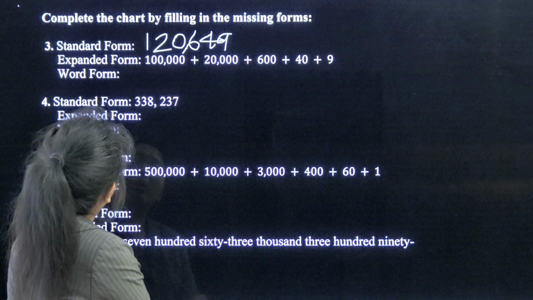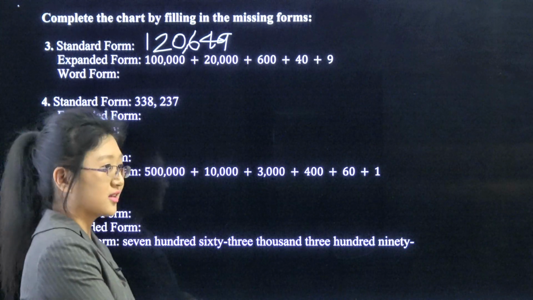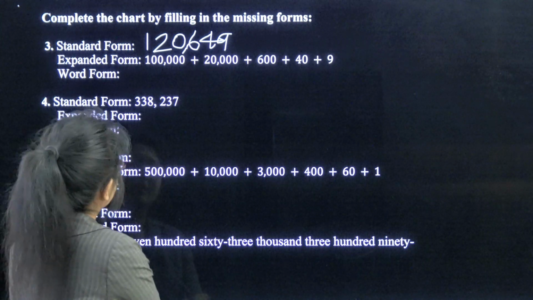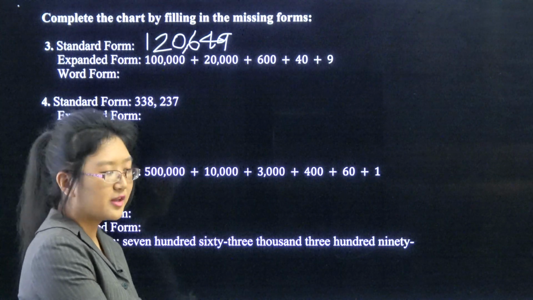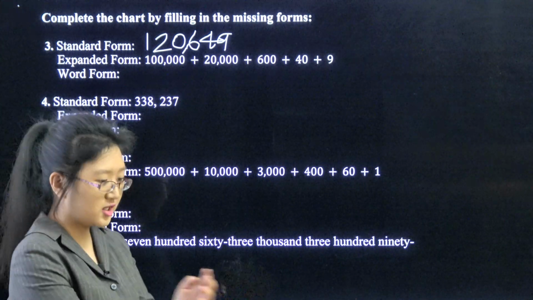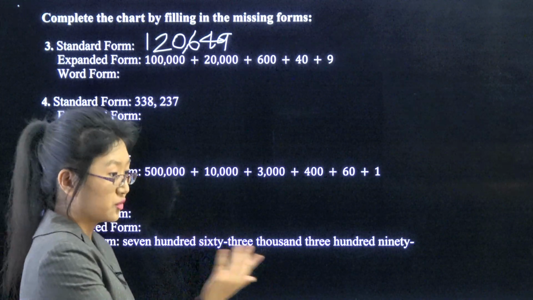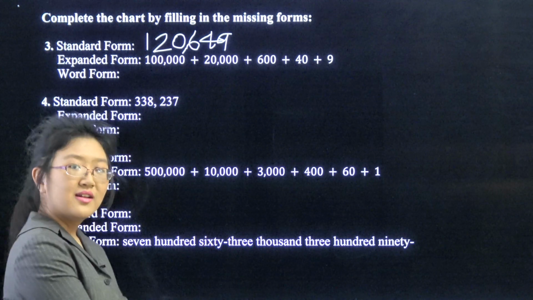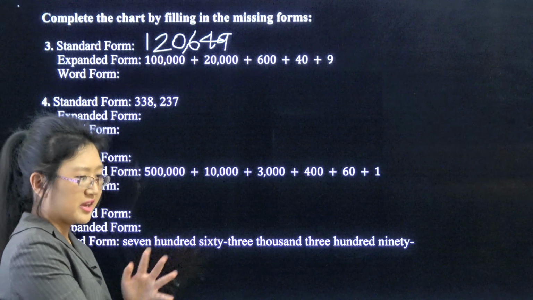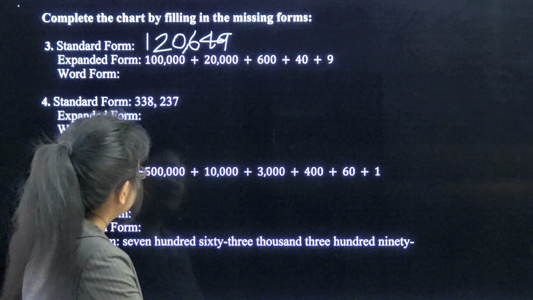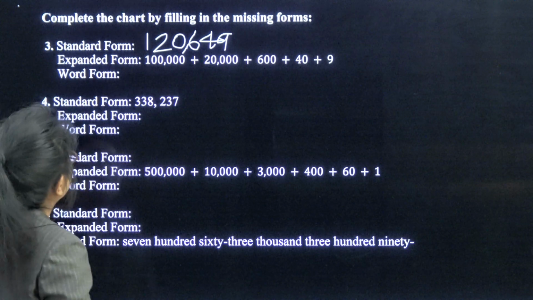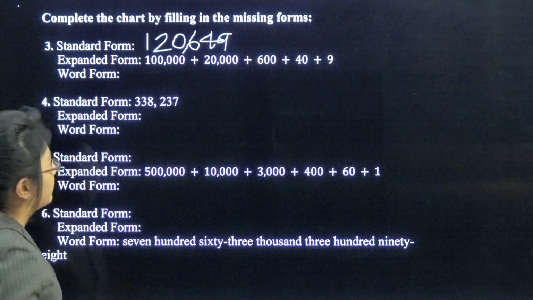Some people would say 120,649. The ands are just, well, it depends on who's teaching, who's marking, who's writing. There's not that big and that valued of a rule. So I'll just do it my way.